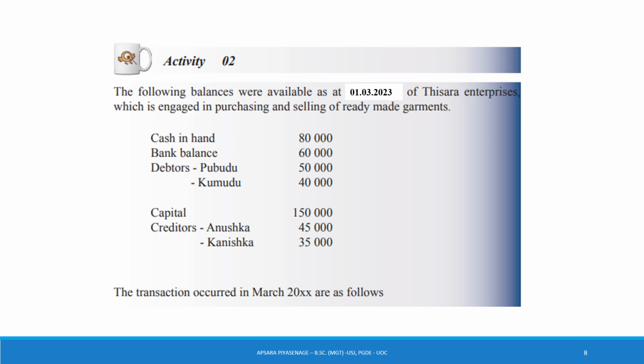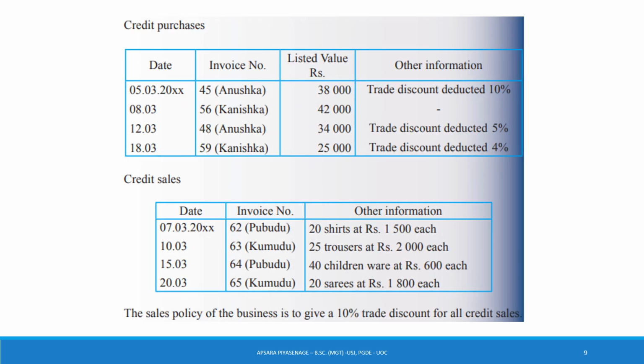The transactions occurred in the month of March are as follows. Here information regarding credit purchases and credit sales are given. Date, invoice number, listed value, and for other information they have given the percentage of trade discount they have deducted.